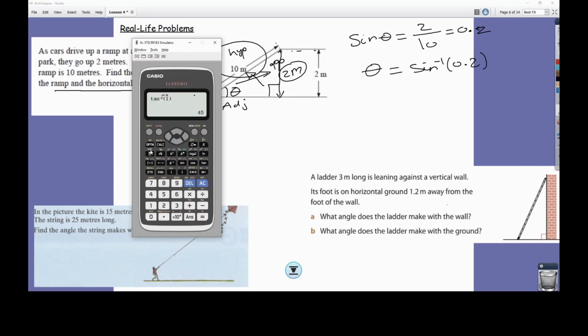On our calculator, that is going to look like shift sine 0.2, or you could do shift sine of 2 divided by 10. As long as you're showing your workings clearly, it's okay. And that gives 11.54 degrees.